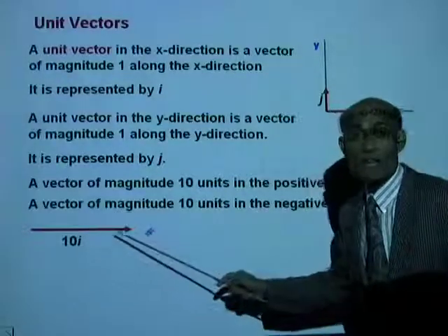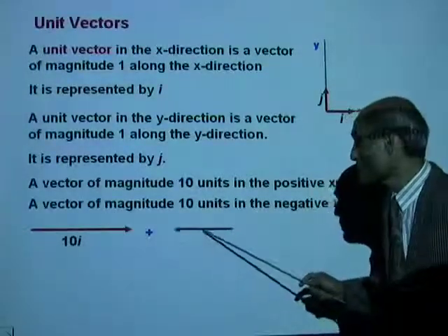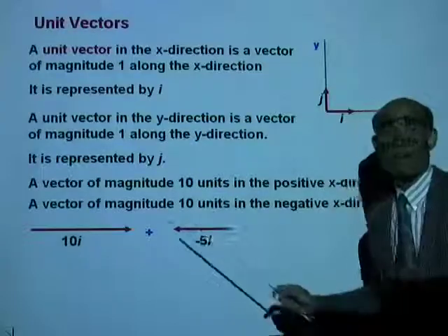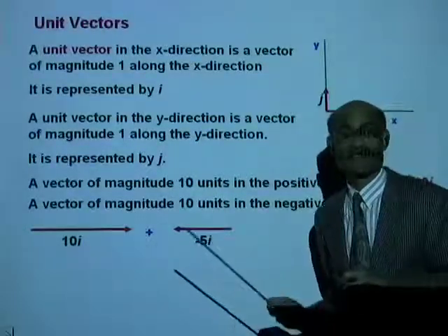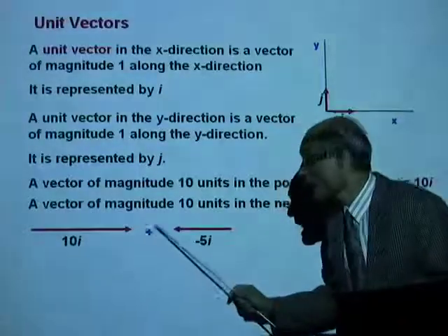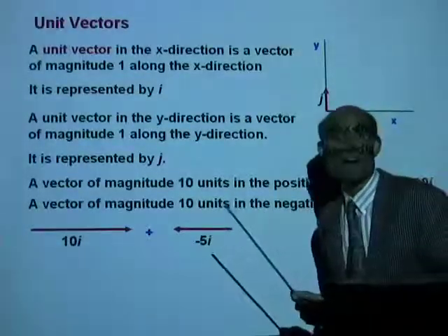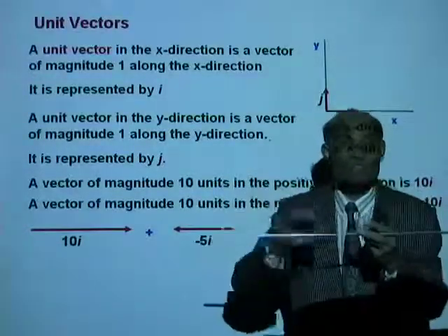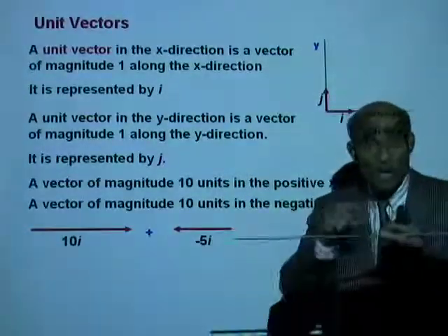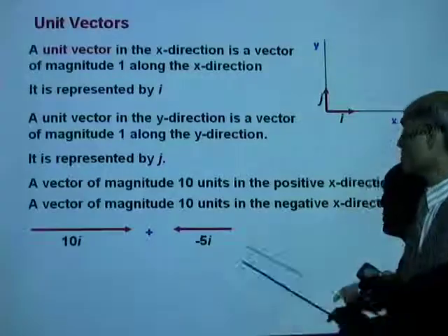So 10i added to negative 5i. What is the sum of these two vectors? It's very simple to add because their directions are along the x-axis.